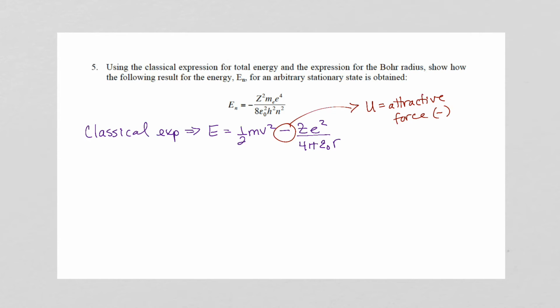Okay, so just be careful there. You might have an issue with your signs first time through this. Okay, so there's our classical expression for the total energy, and we're going to couple that with our expression for our Bohr radius that we have from before.